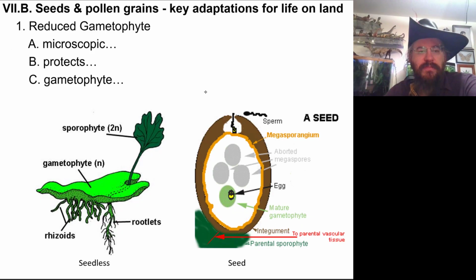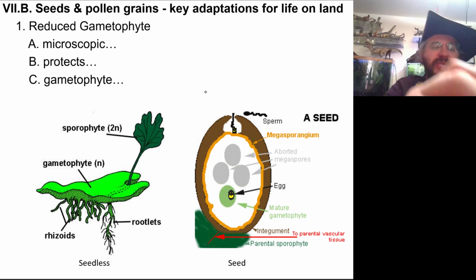So, both seeds and pollen grains, key adaptations for life on land. So we've got a gametophyte that has been reduced to a mostly microscopic stage. Basically, spores remain within the sporangia.